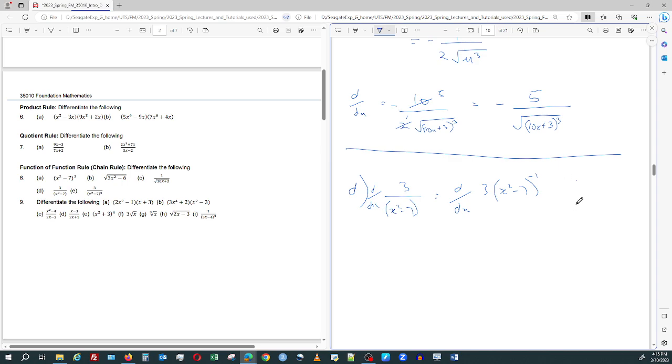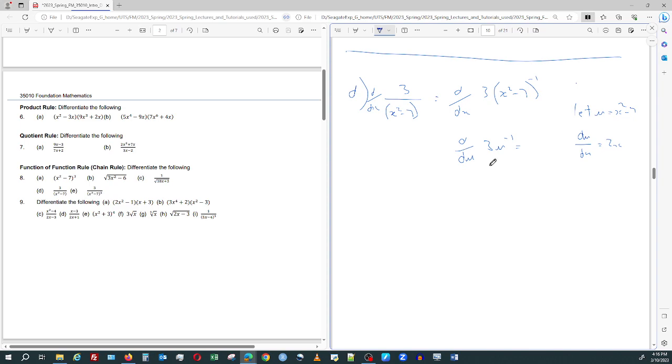Okay, and now we can do our u equal x squared minus 7, du dx equals 2x. We can't d dx u to the minus 1, so we're going to have to d du 3u to the minus 1 and put the equals on that side.